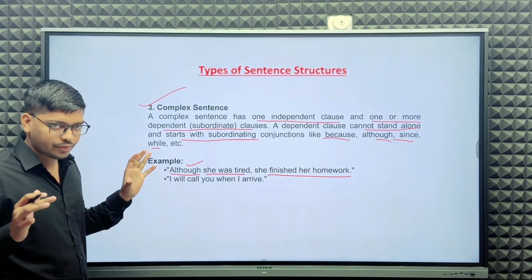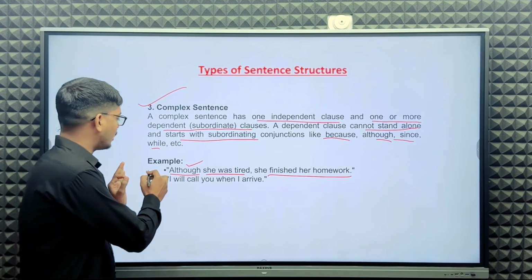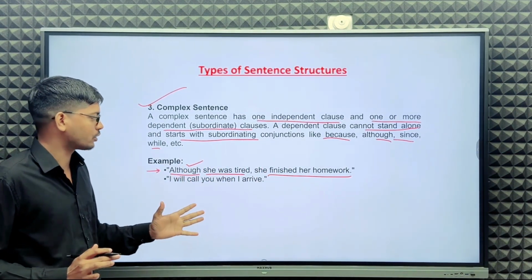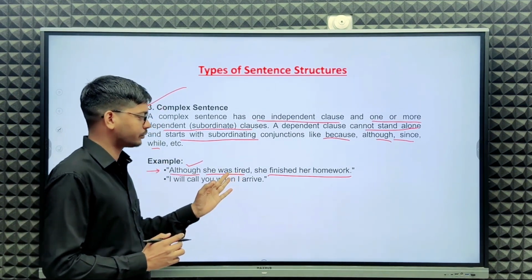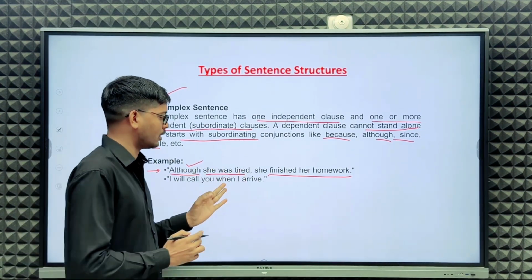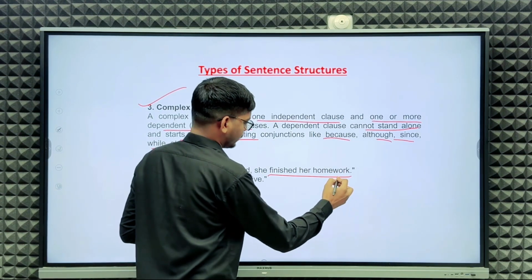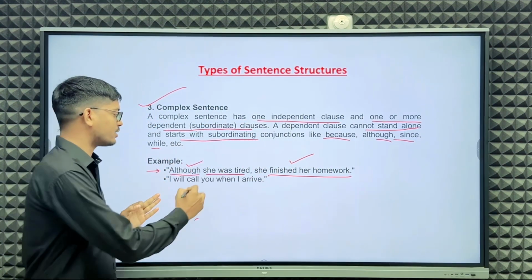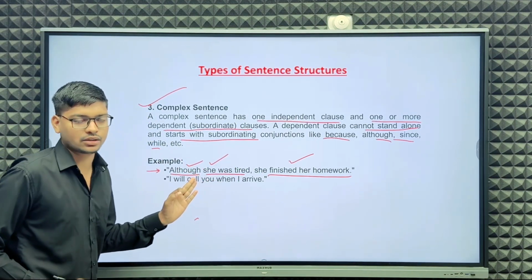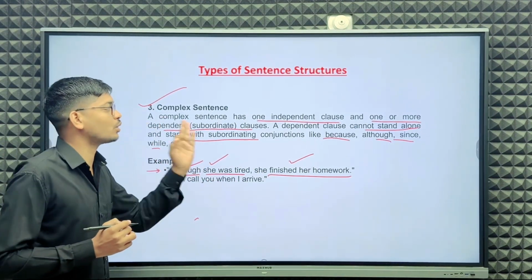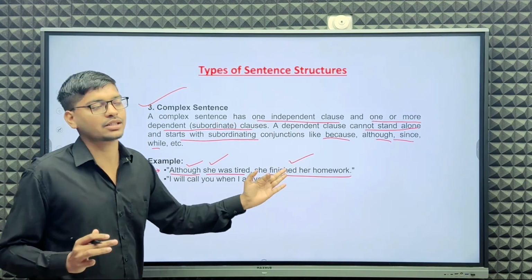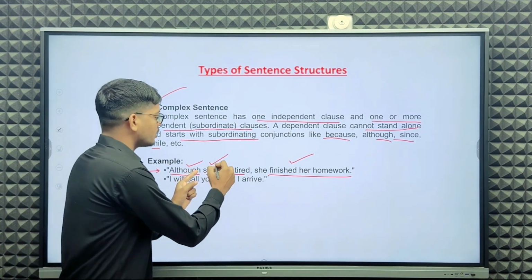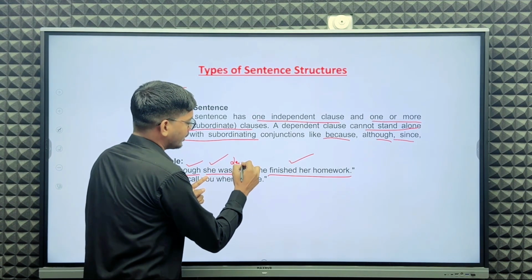This is an example of a complex sentence because "she finished her homework" is an independent clause, and "although she was tired" is a dependent clause. A dependent clause starts with a subordinating conjunction, which means because, although, since, while.